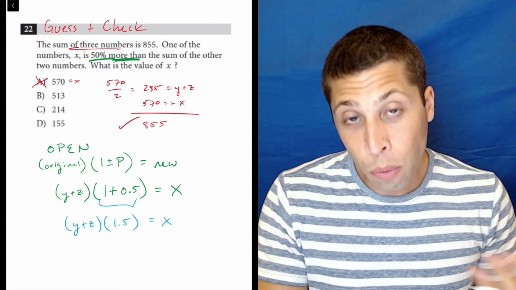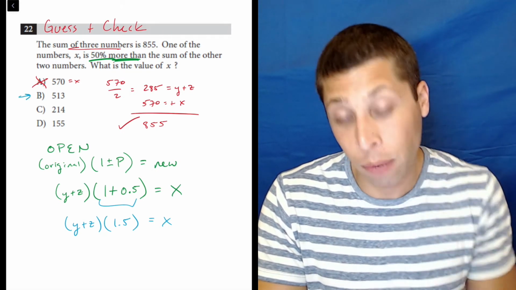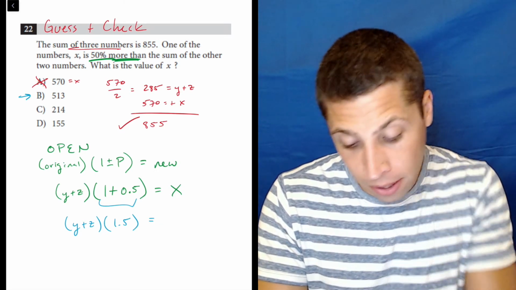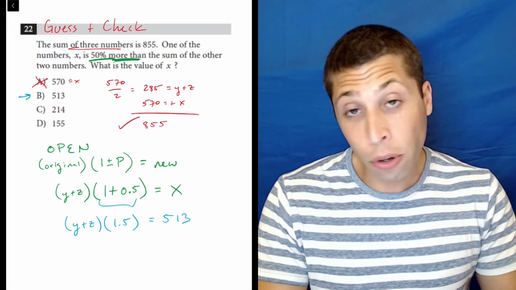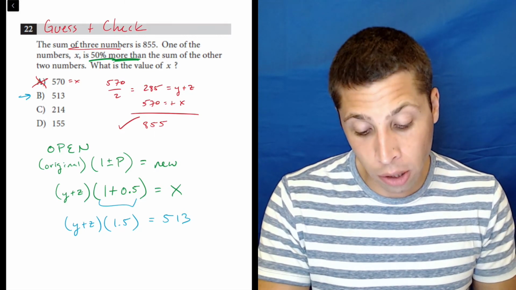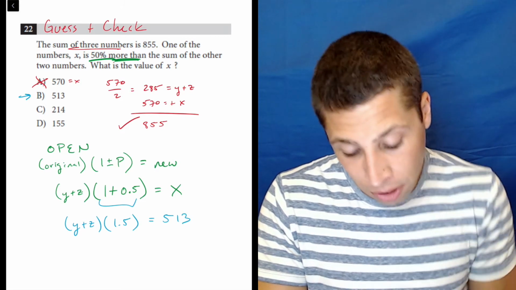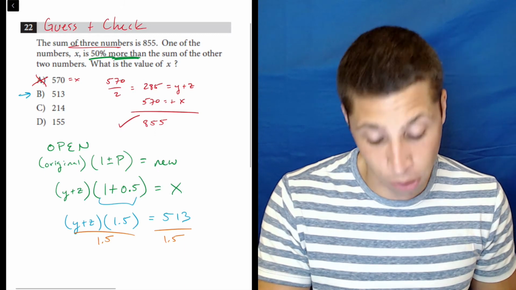So if we do want to guess and check, we know A is wrong, but let's try B. That's kind of what I would guess and check with anyway. So my X would now be this number 513. Okay, so in order to find the other two numbers, we are not going to divide by 2, but we're going to do this weird thing where we divide by 1.5 to get those two values on their own.